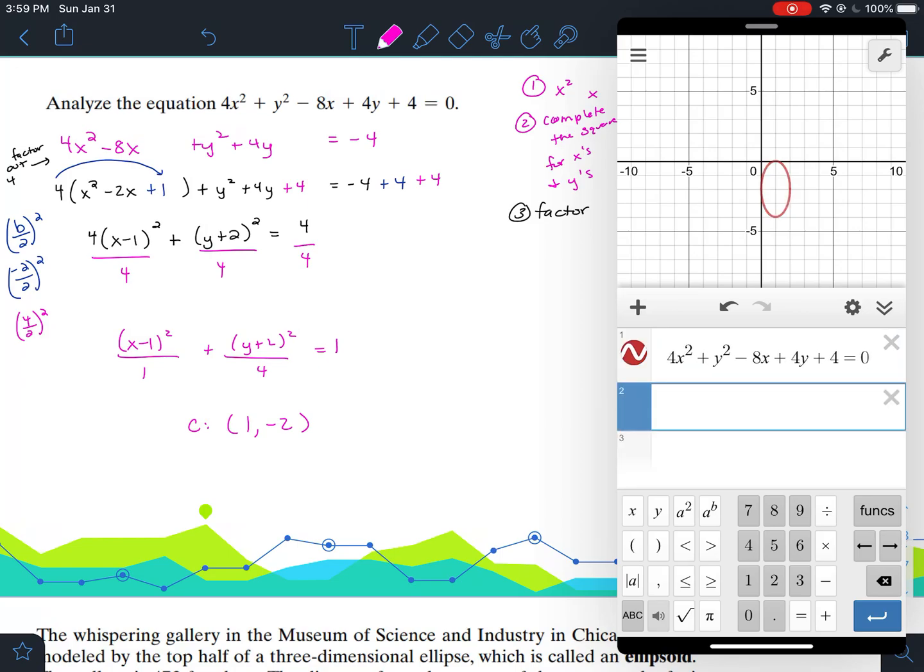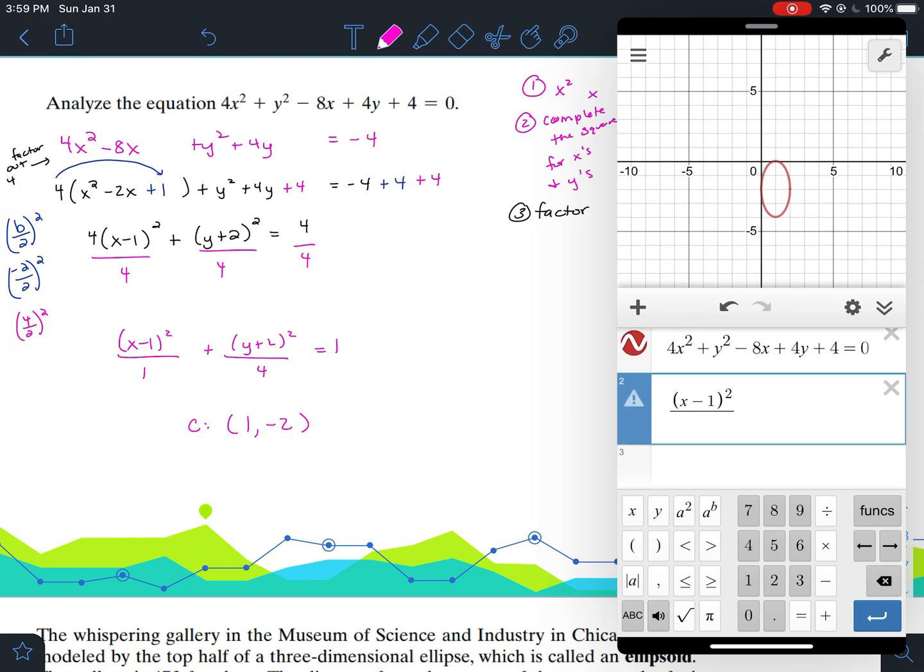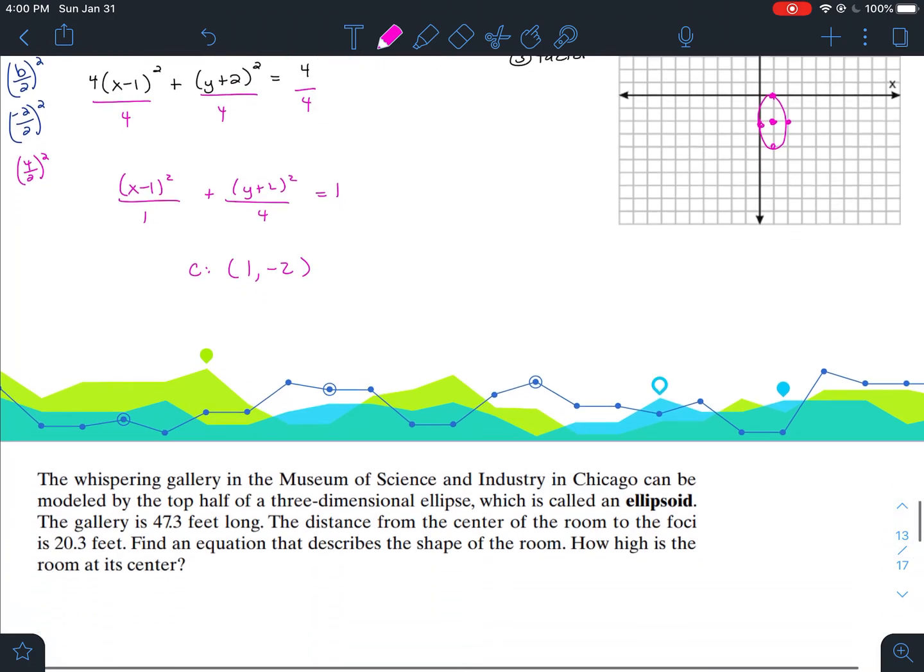Or our new form that we figured out, we would have (x minus 1) squared divided by 1, and then plus (y plus 2) squared divided by 4, and then equals 1. And notice it's the exact same ellipse, and it's the ellipse we graphed.